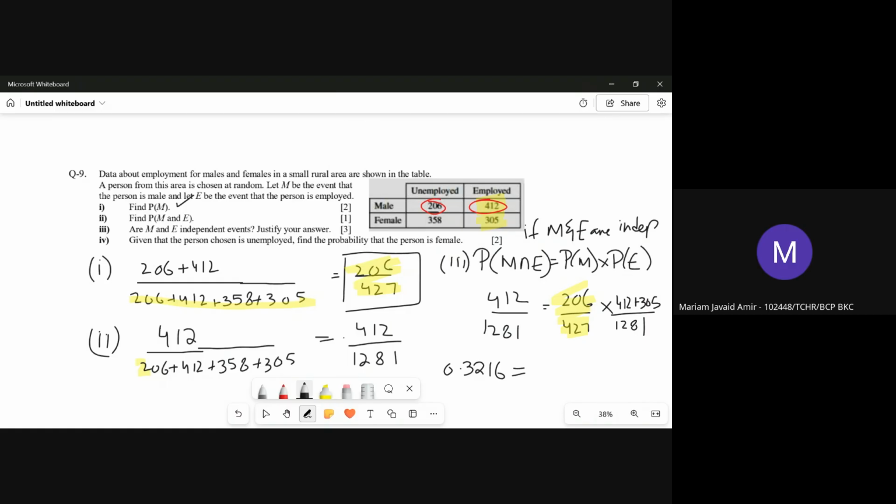I'm getting 0.27002. Since they're not equal, hence not independent.